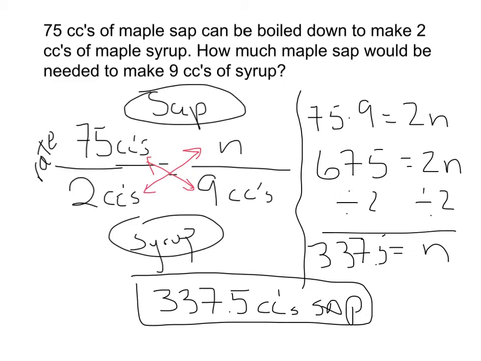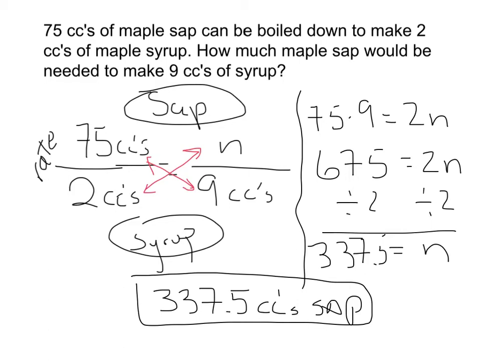Of course, you should always check that this makes sense in your proportion, and so 2 goes into 9 4.5 times, and 4 80s is going to be 320, so we know that this number is in the ballpark and gives us a reasonable answer, which you should always check whether you use a calculator or not.